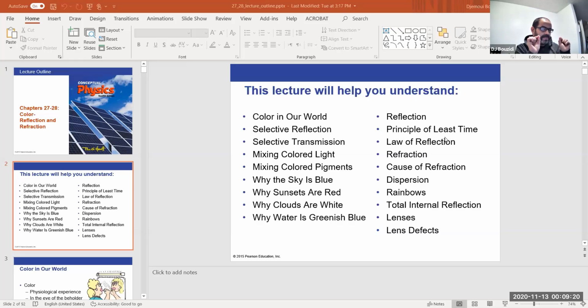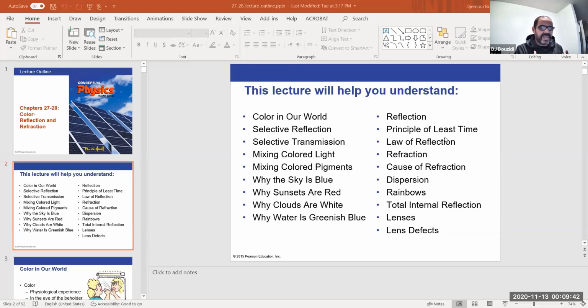Using this principle, it's like a law, we can explain the law of reflection. We can explain the law of refraction. We can even explain how light goes from one side of the lens to the other side and focuses on a specific point.